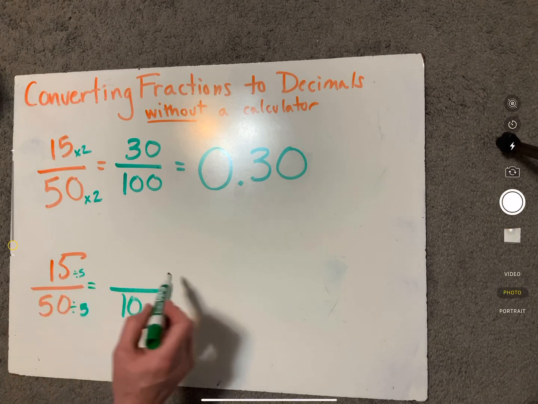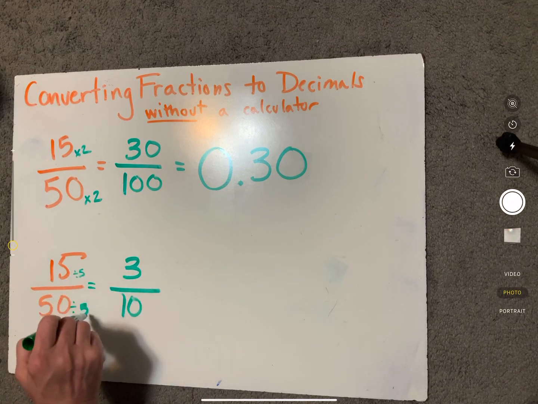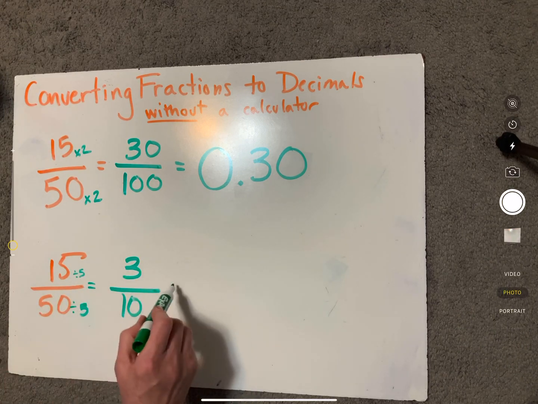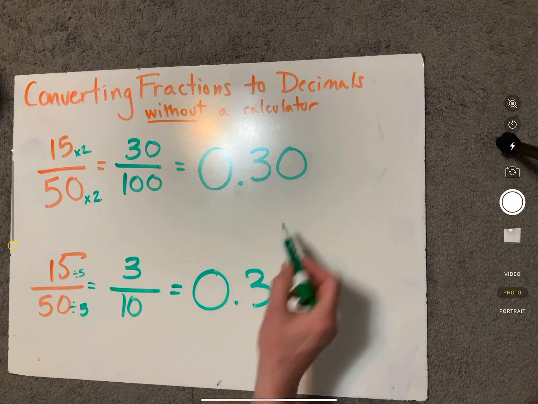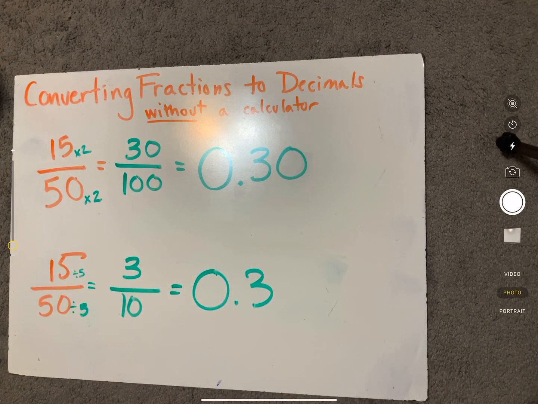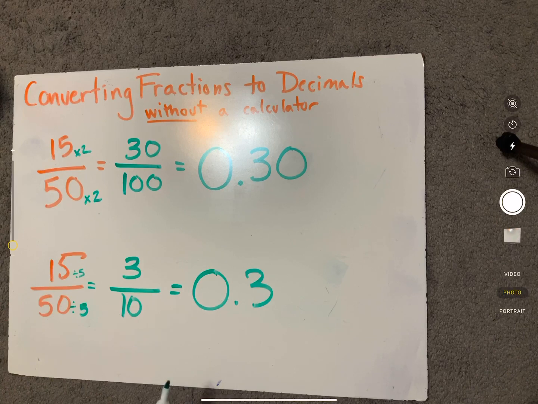Yes, 15 divided by 5 would be 3. So I can divide both of these by 5 to get 3/10. So these two decimals are equivalent. That is just two different ways that we can use our knowledge of factors of 10 and factors of 100 to get to our decimal. For this one, we were able to divide by 5 to get 10, and this one we were able to multiply by 2 to get 100.